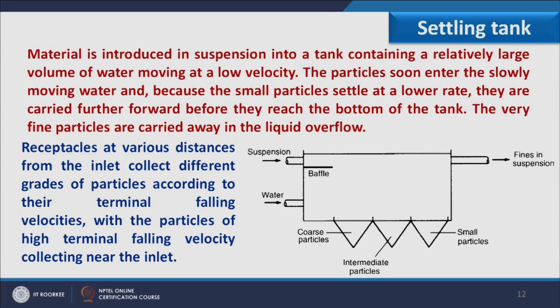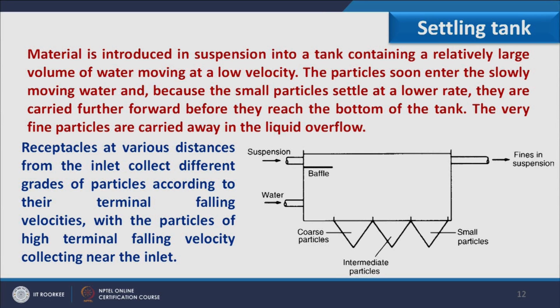For example, the heaviest and largest particle, or coarse particle, will settle first, and when it is lighter and smaller in size, it will move for a longer time in the suspension in the tank, and then it will start settling.